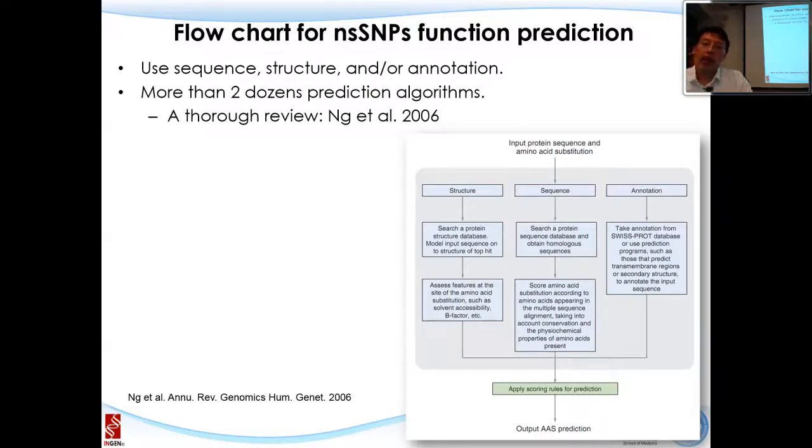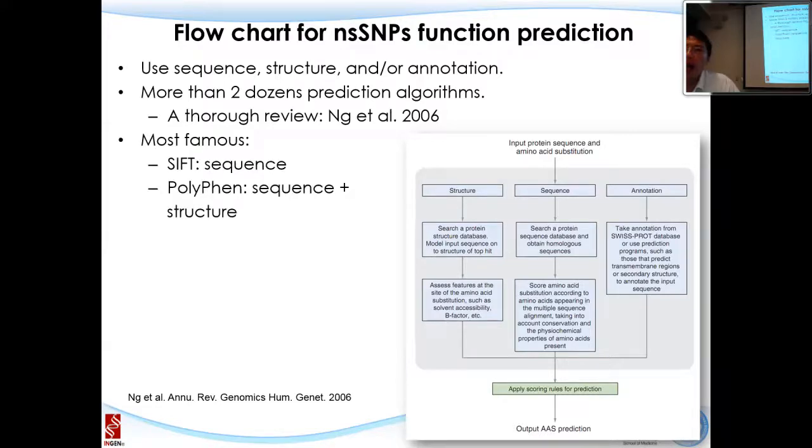Many tools have been developed, and this is a very much settled area. There's a very thorough review back in 2006. Many years ago, people were already working on this, and there's not been much improvement afterwards. It's considered one of the areas that is solved. Well, it may not be fully solved, but people cannot do better.